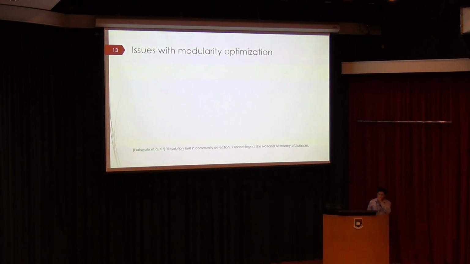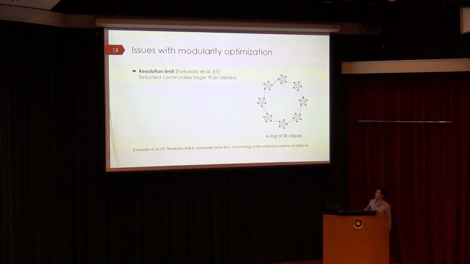There are actually many more issues with modularity optimization, and it doesn't just affect the simple example I showed you, it also affects larger graphs. There is something called the resolution limit of the modularity score. Basically, modularity optimization tends to return larger clusters, larger communities, than desired. To give an example, consider this ring of cliques.